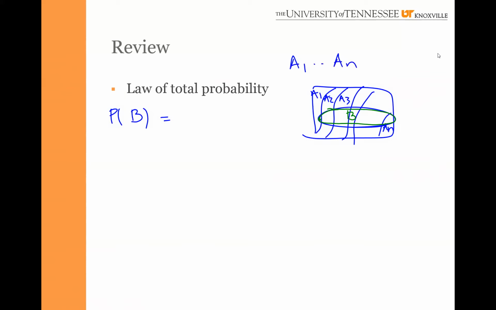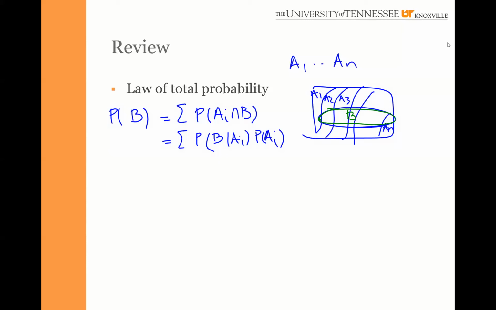So it will be the summation of P of Ai intersection B, or, again using my chain rule, P of B given Ai times P of Ai. I can essentially rewrite B in terms of all of the Ais.